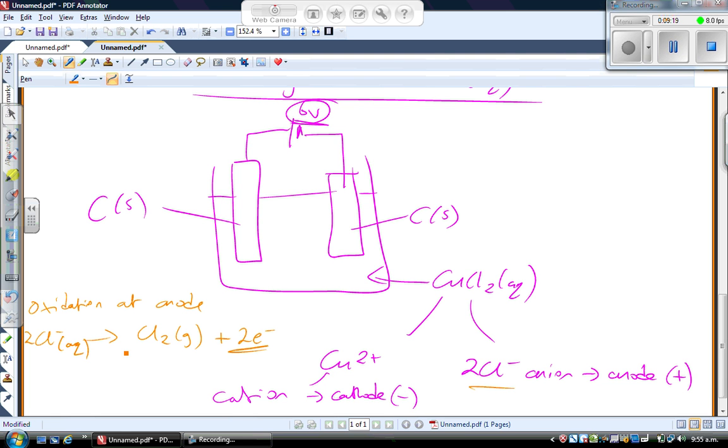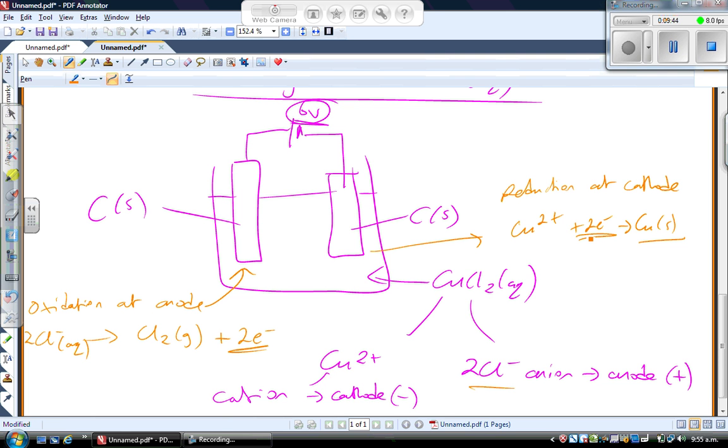So that's your equation for what happens at the anode. Oxidation at the anode, and then at the cathode, the situation you have is reduction. So what we have is reduction of Cu2+ cations going to copper solid. Okay, and that's a reduction.